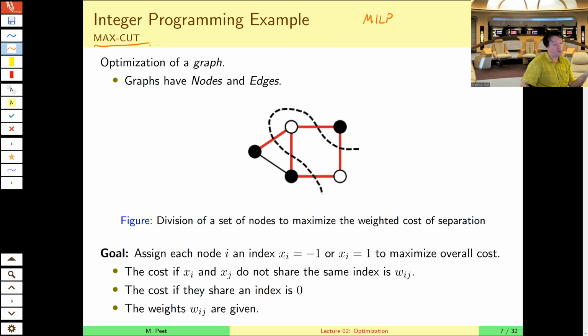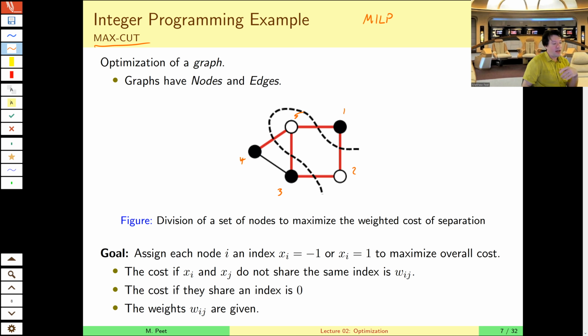You may or may not have heard of it, so if not, I'll describe it, and it's not that hard to formulate. Basically, we've got a bunch of nodes, and they have certain affinities for each other. So every node has a certain affinity. We can label them 1, 2, 3, 4, 5.